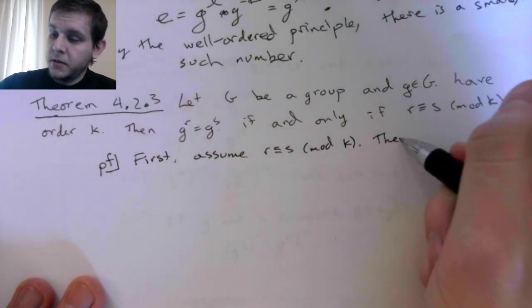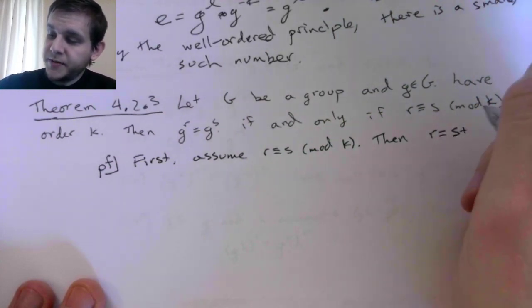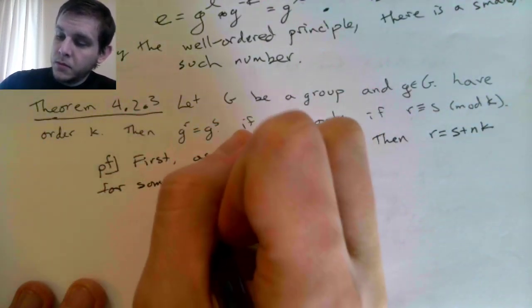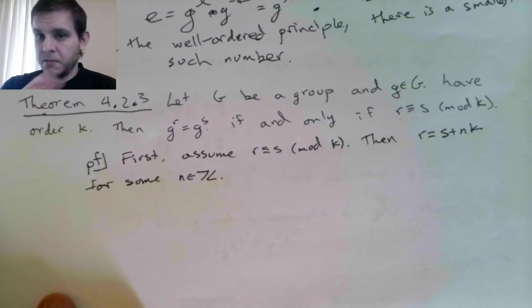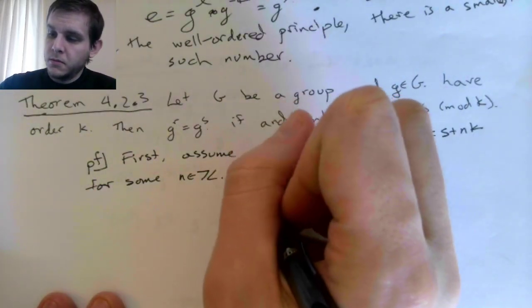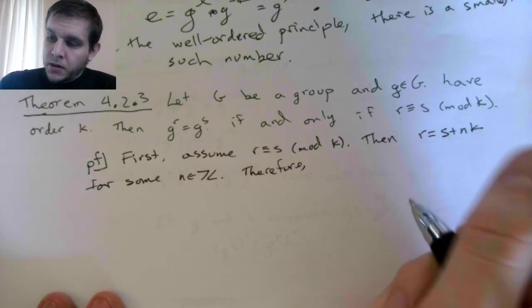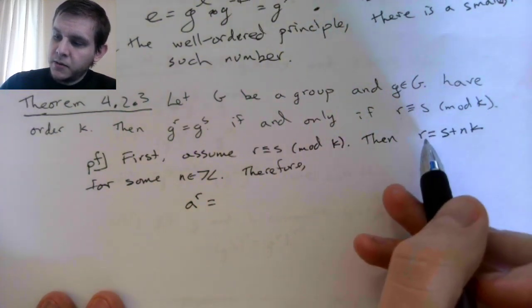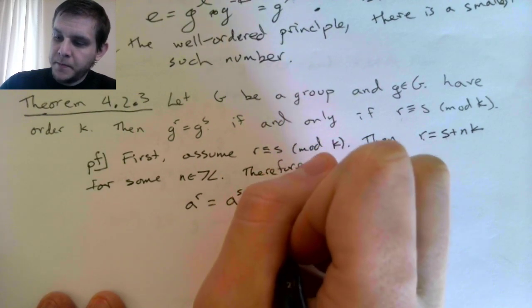Right, then r is s plus some multiple of k. So a to the r is, well, I can just replace r by this expression, s plus nk.